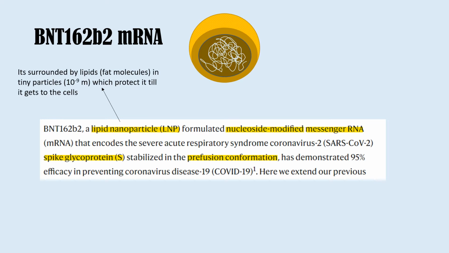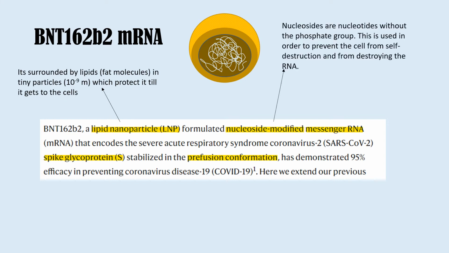The purpose of this lipid layer is to prevent the RNA from getting destroyed before it does what it needs to do, which is get to the cell. The phrase you see here is nucleoside modified messenger RNA. Why did they mention nucleoside modified? Well, the original RNA is made with nucleotides, but here they use nucleosides that do not have the phosphate group to make the RNA instead.